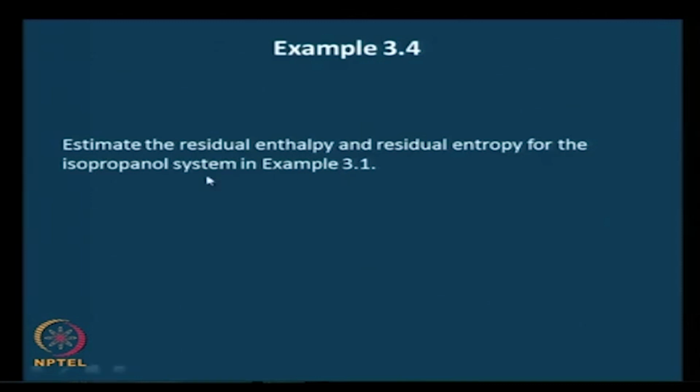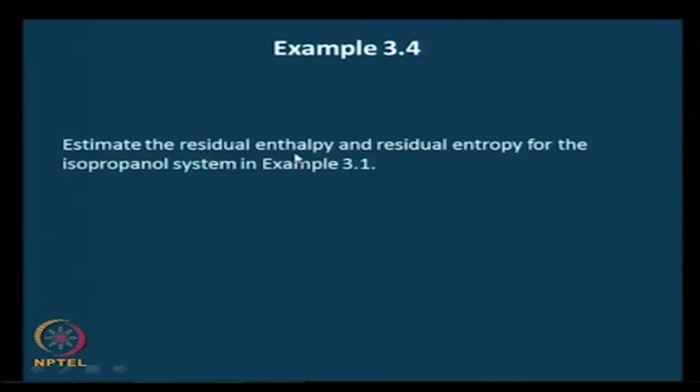The question here is to estimate the residual enthalpy and residual entropy for the isopropanol system with the same conditions as given in example 3.1. Please go ahead and do it. It is a straightforward thing, so I do not think I will give you many hints here. If at all you need, I can give you the hint right now and give you some extra time also.